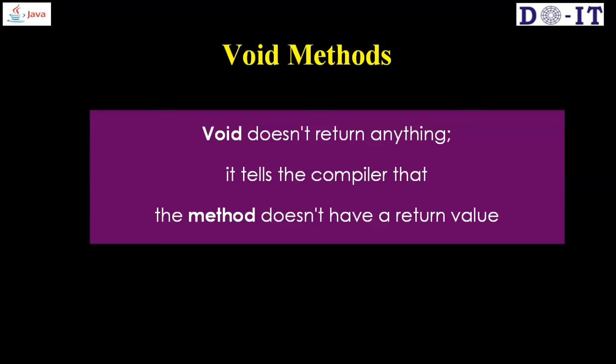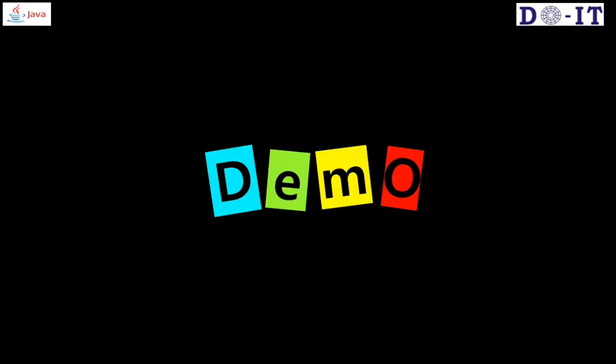So these methods that are void can be used to perform some operations in the application, but don't return any value back to the caller. They can take input and process the data, but they would not return anything as an output. We have already seen the demonstration for void methods through foo and bar. We also saw a demonstration for using return type.